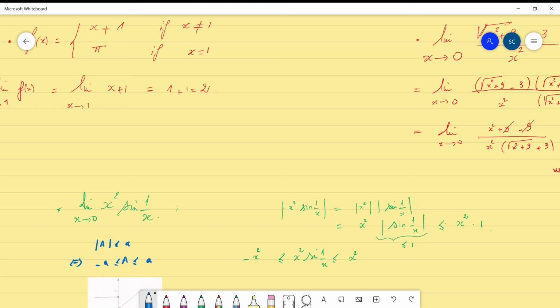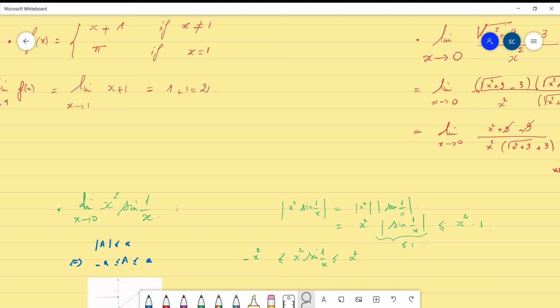So this is what I did. I have this less than x squared, then the inside of the absolute value is between x squared and its opposite.